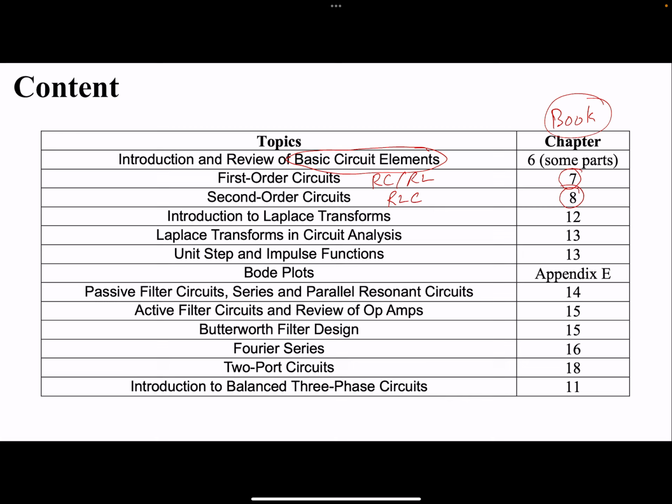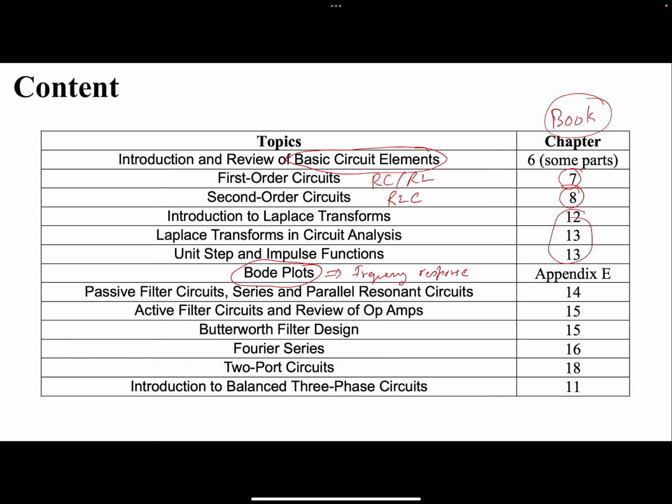We're going to spend a fair amount of time there, and then another 2.5 weeks on Laplace transformation and circuit analysis. We are going to do Bode plots and learn about the frequency response that I was talking about previously. Then we are going to make filter circuits in chapters 14 and 15.